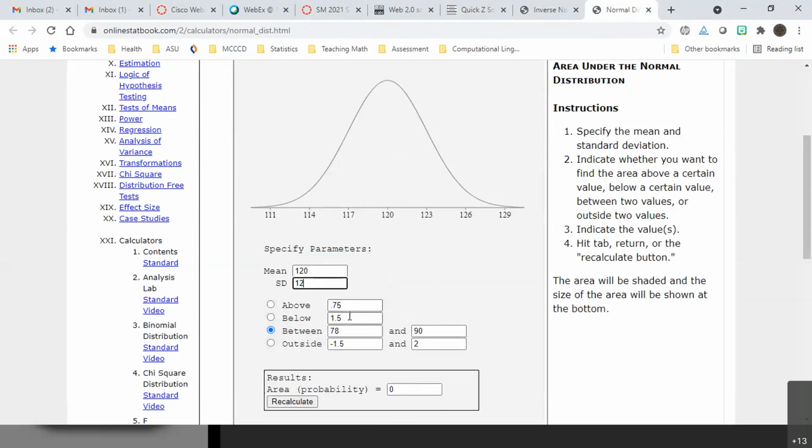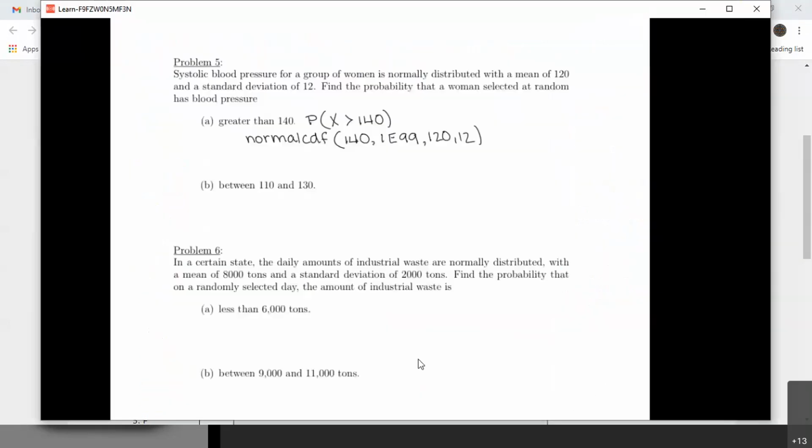And then I'm interested in women that have a blood pressure above 140. I'm going to put 140 in there, click that circle, and click recalculate. And you can see I get a little bit above 4%. So 0.0478. And if I were to type in my normal CDF command, I should get the same value.